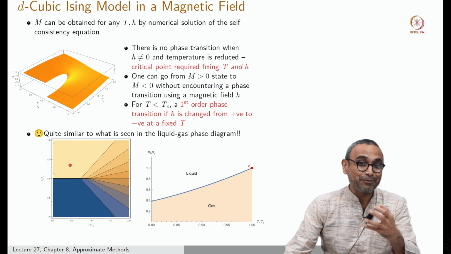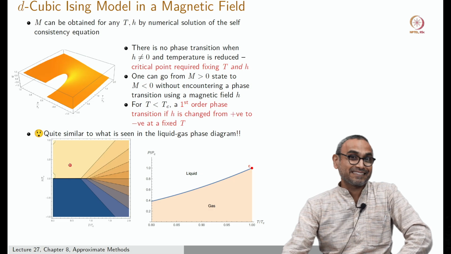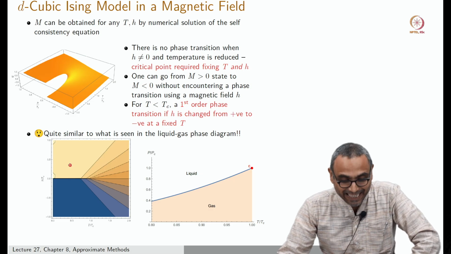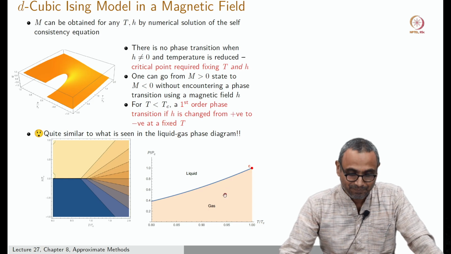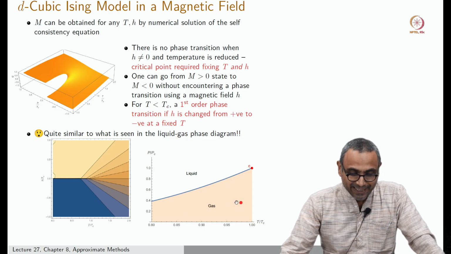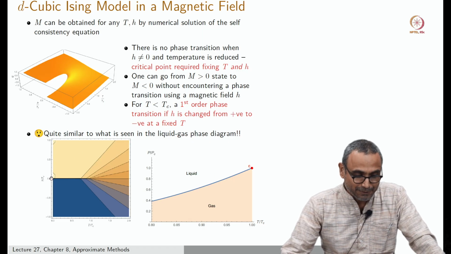Now the question is, have you seen this before? And the answer is absolutely yes. And that is in the liquid gas phase diagram. So in a sense, this picture is quite similar to this picture.